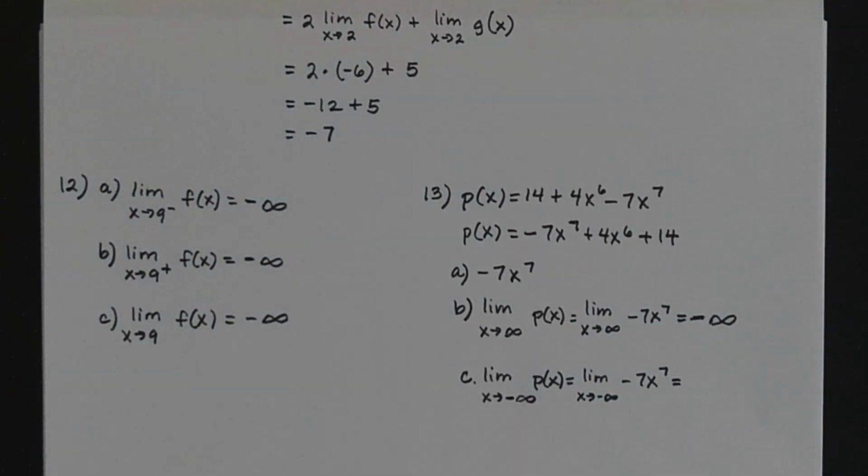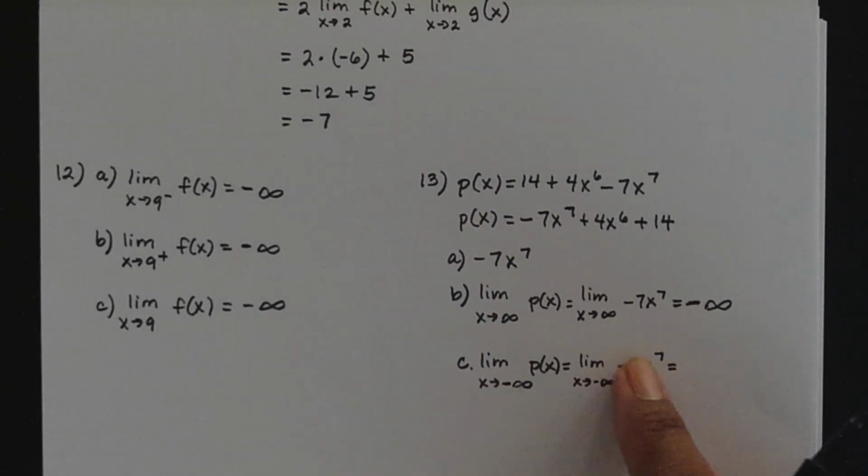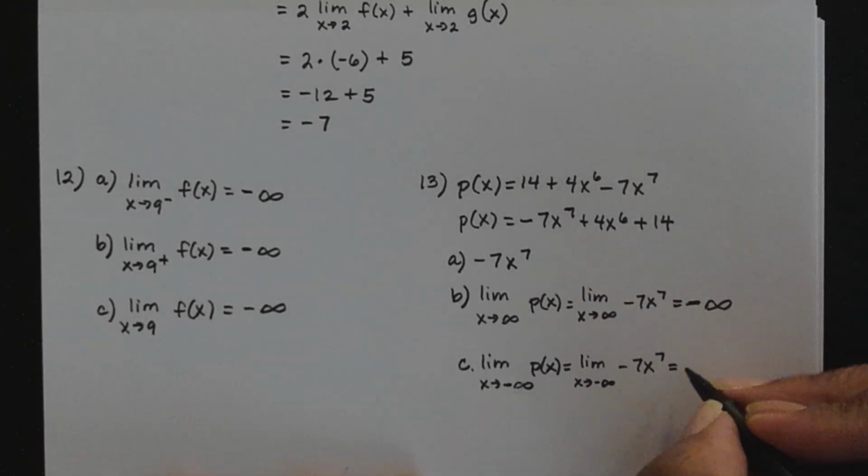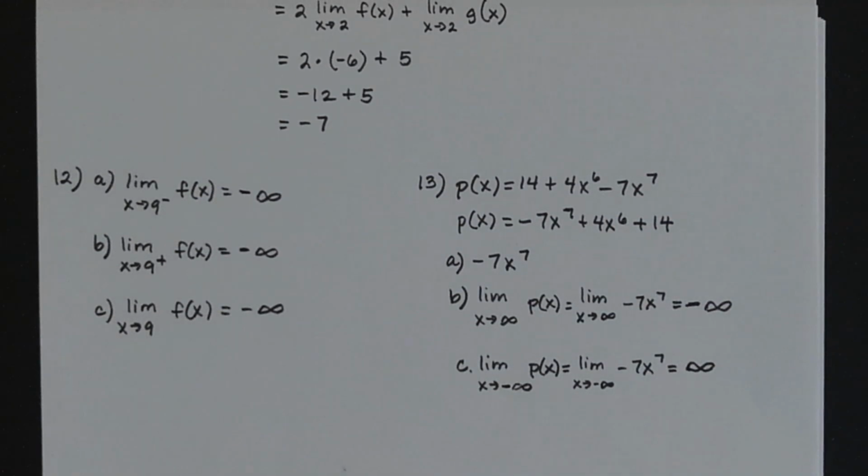Now, if it was just x to the 7th, as we let x approach negative infinity, it would go to negative infinity. But here, we got negative 7x to the 7th, so it would go to positive infinity.